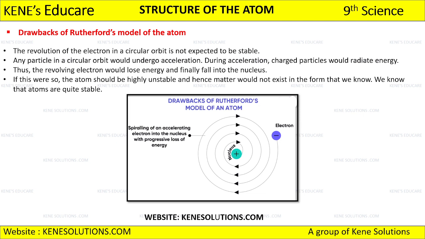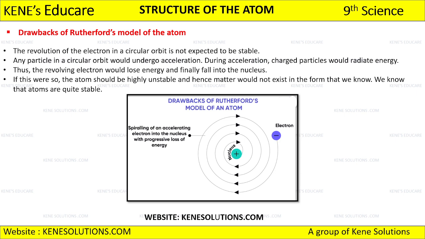Thus the revolving electron will lose energy and finally fall into the nucleus. So the atoms will be highly unstable, and hence matter will not exist in the form that we know.